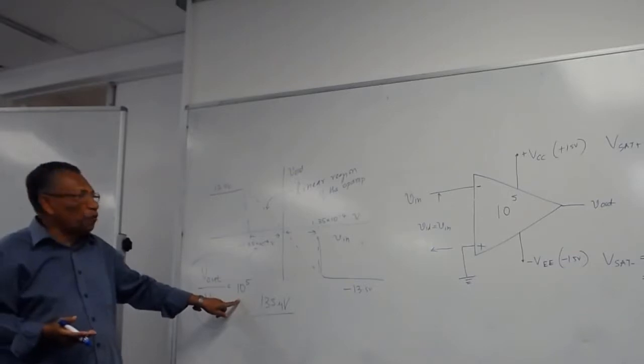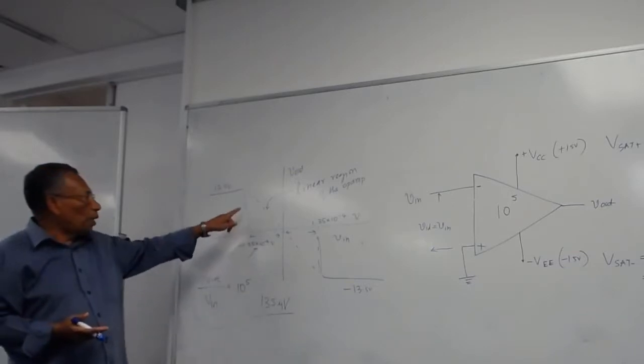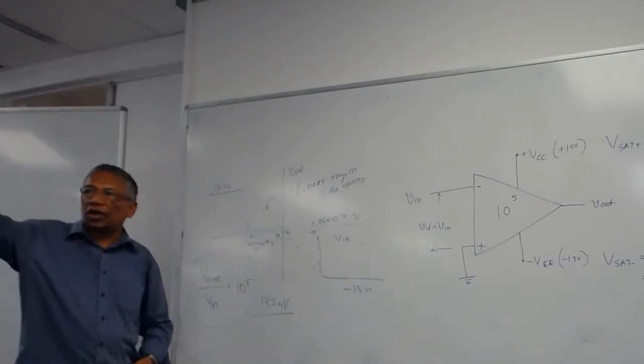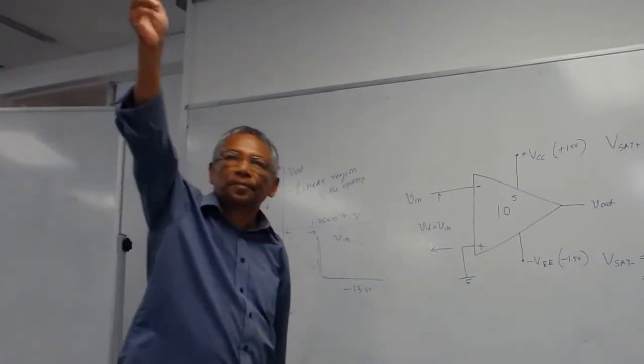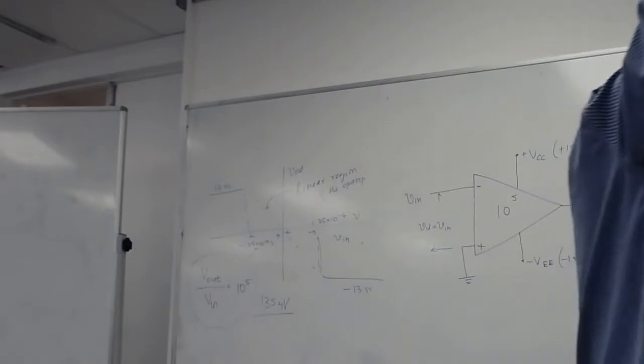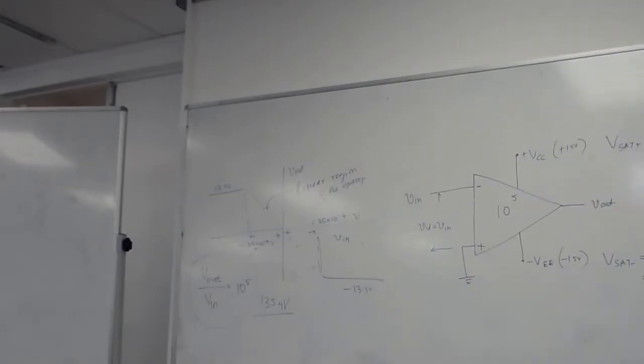So if you have an infinite gain, what will happen to this curve? Who can draw that? If you have infinite gain, this curve will look like what? Somebody from the back who can show me.